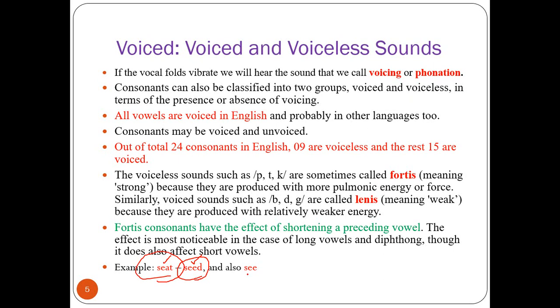And likewise, the same is the case with any other situation where there is no consonant, which means that a vowel is not followed by any sound, like in the word see. In this case, we have got onset, we have got nucleus, but we do not have any coda.